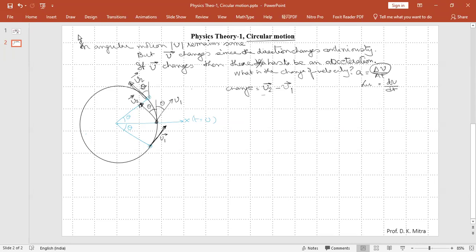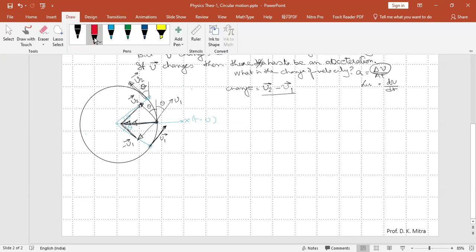Now we have to find out v2 minus v1. So we reverse v1. This is minus v1. Now the resultant of these two vectors is once again the diagonal of this rhombus. This is the resultant vector, which is v2 minus v1.